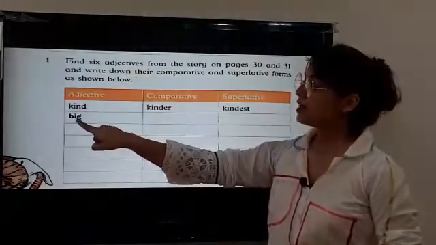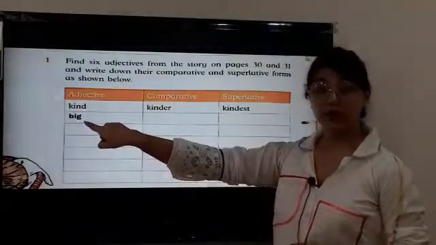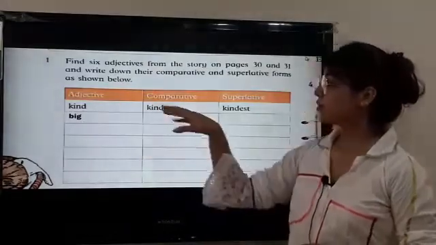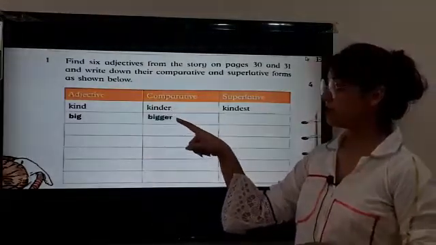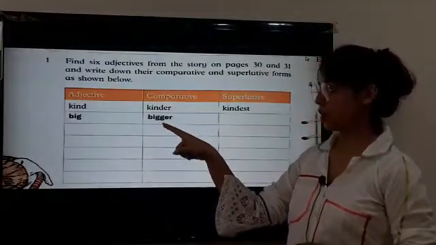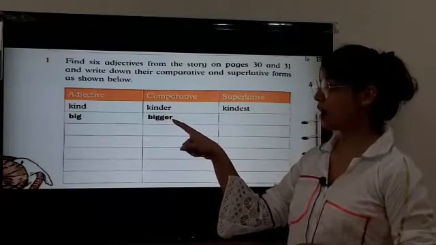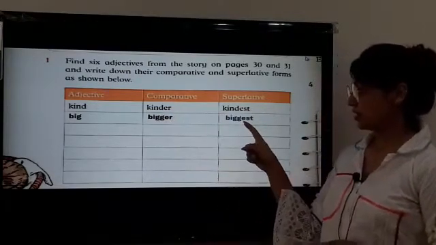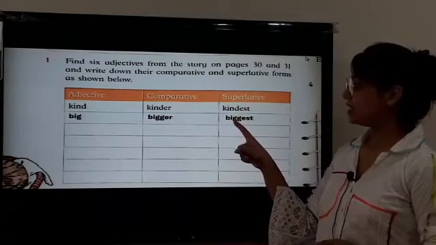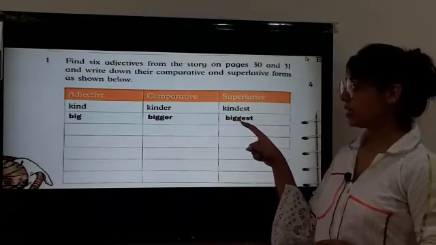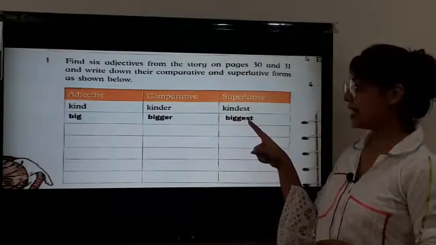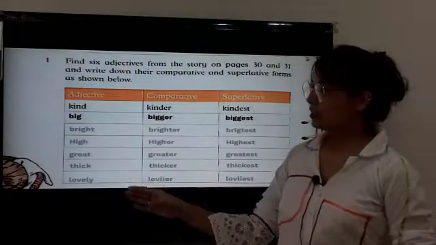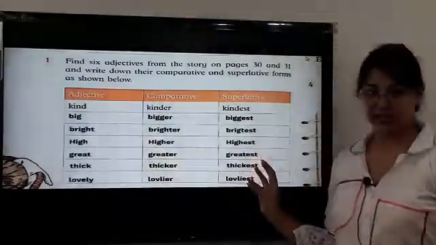There is a vowel before the consonant, so while writing the comparative, we will double our consonant and add ER at the end. In superlative, B-I-G-G, we will double the last consonant and add E-S-T. Likewise, we will solve this exercise.